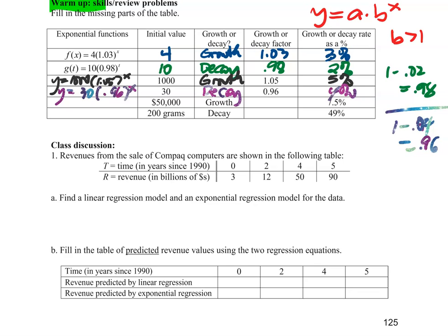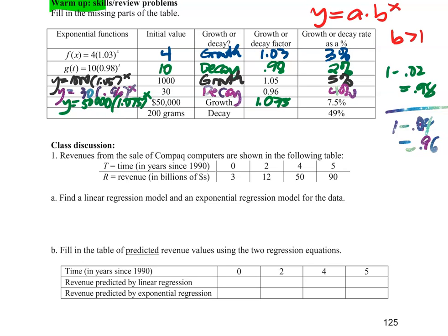Then the next one, 50,000 growth, and that is 7.5%. So that is 1.075. So your y here is 50,000 times 1.075 to the power of x.